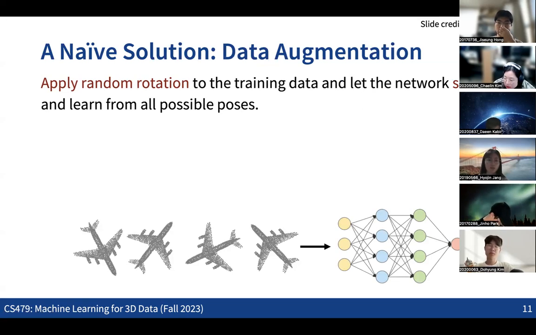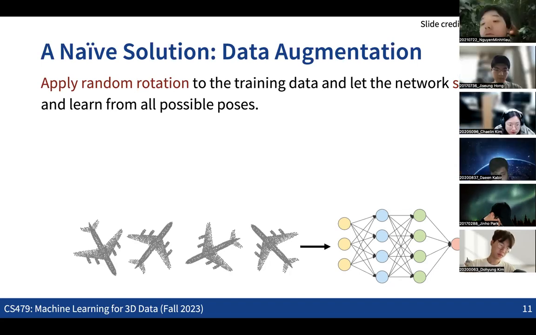The simple way is that, given 3D models that are all aligned into a canonical pose, we apply a random rotation to all the 3D models so that the neural net sees all the possible poses of the 3D models. That is a very simple way to train the neural net while achieving some rotation invariance, without making any big changes to the architecture. And this is actually quite effective. This works in many cases.